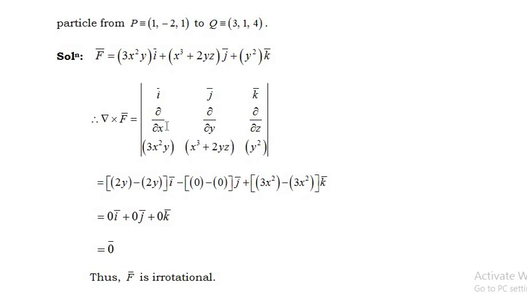minus j, ignore first row, second column, derivative of y² partially with respect to x, that is 0, minus derivative of 3x²y partially with respect to z, that is 0. 0 minus 0 times j, that is 0j, plus k times, ignore first row, third column, derivative of x³ + 2yz partially with respect to x, 3x², minus derivative of 3x²y partially with respect to y, 3x². 3x² minus 3x² times k, 0k, and it is equal to 0 bar.